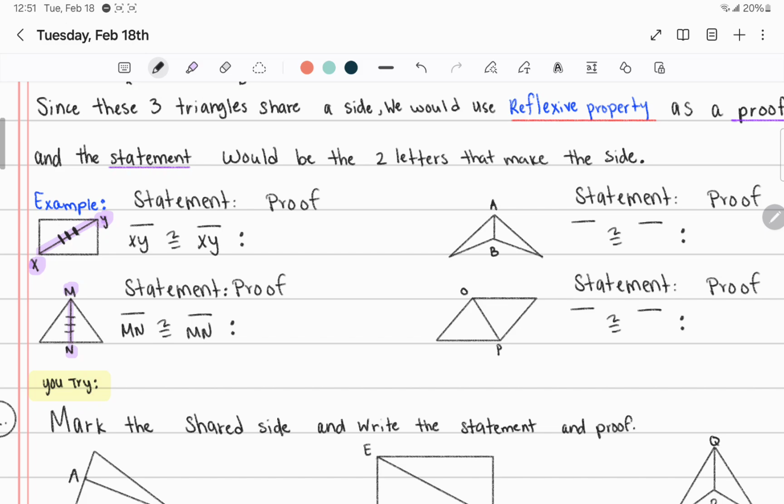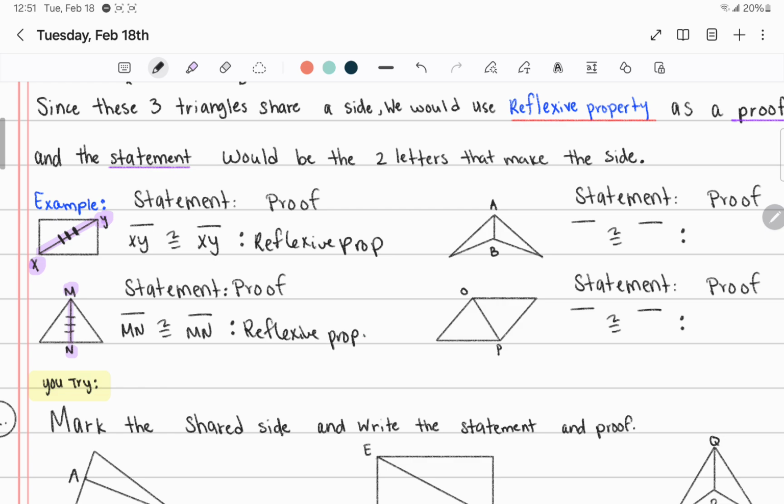For both of those, the proof statement is reflexive. All of these are reflexive. That's the point of this. Shared side is reflexive. So go ahead and write reflexive property, or reflexive prop, for both of them.